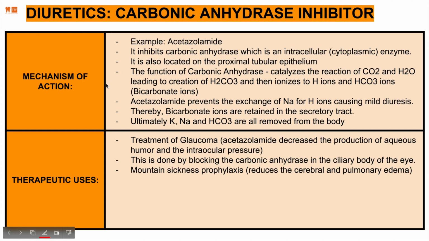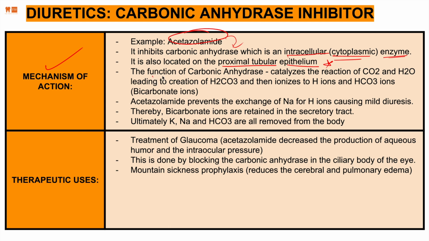Then we have carbonic anhydrase inhibitors. Remember acetazolamide, which affects the first stage of the entire tubular action? The mechanism of action is that it inhibits carbonic anhydrase, which is an intracellular or cytoplasmic enzyme. It is also located on the proximal tubular epithelium. So it blocks this enzyme. Why is that important?